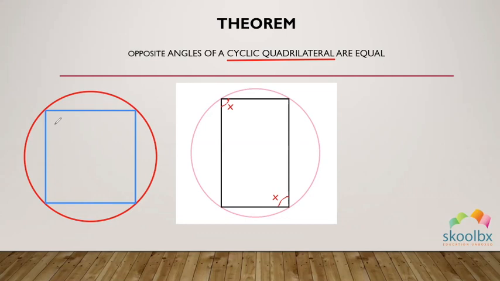One striking feature of a cyclic quadrilateral is that these two opposite angles add up to 180. These two angles, opposite angles, add up to 180. They are supplementary. The same with the other two angles on the other two sides. These two angles also add up to 180.